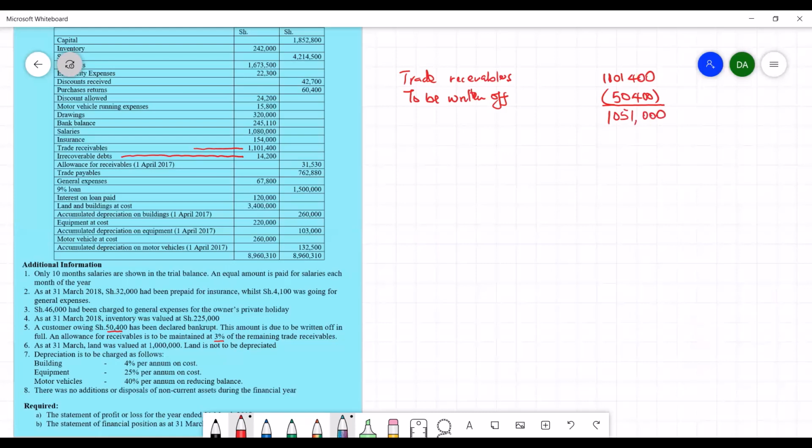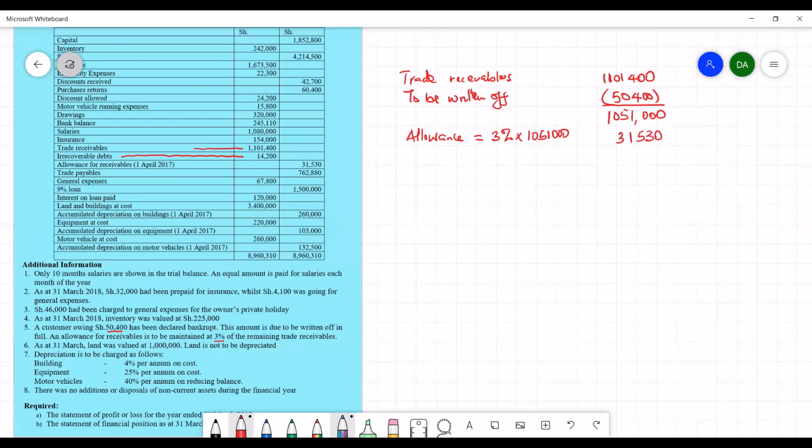Now, to determine the allowance for doubtful debts, it will be equal to 3% of 1,051,000. 3% of 1,051,000 is equal to 31,530. And now, after determining that, we need to check.